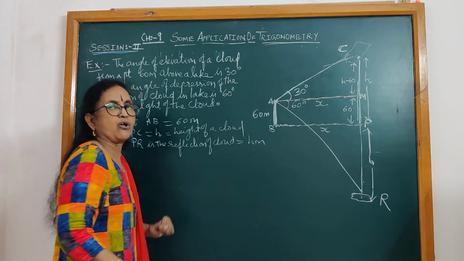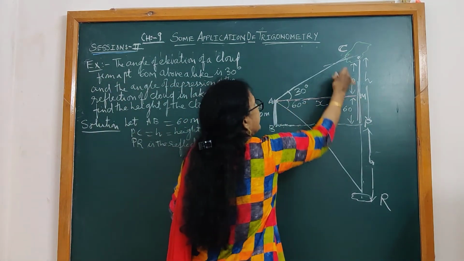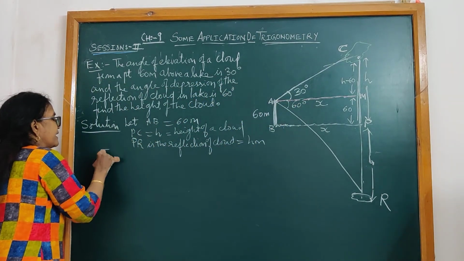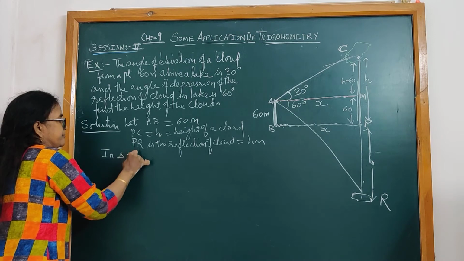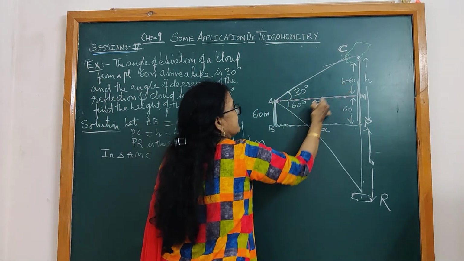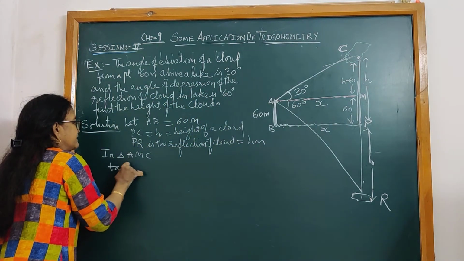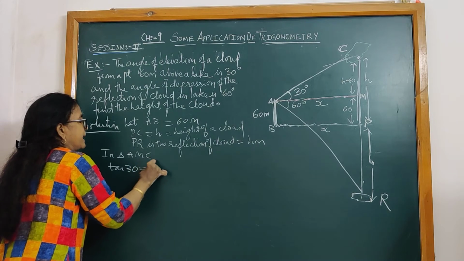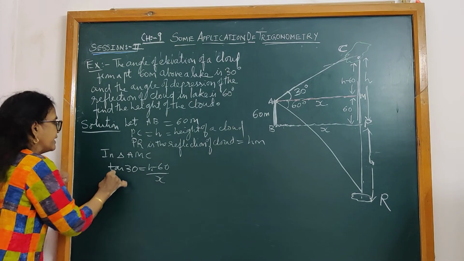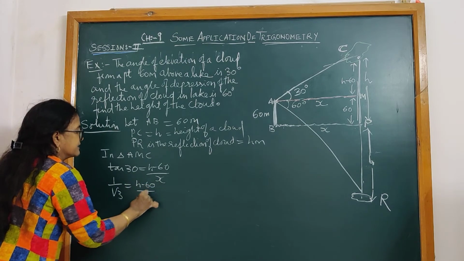Now we will solve the triangles. First we will take triangle ACM, because the angle is 30 degrees here. So in triangle ACM, tan 30 is equal to h minus 60 upon x. 1 upon root 3 is equal to h minus 60 upon x.